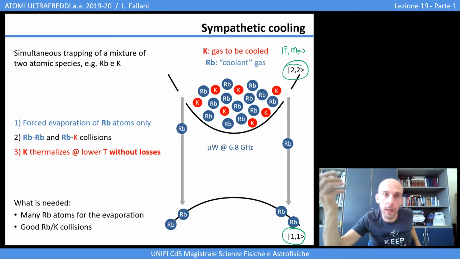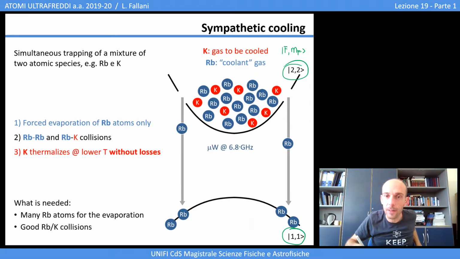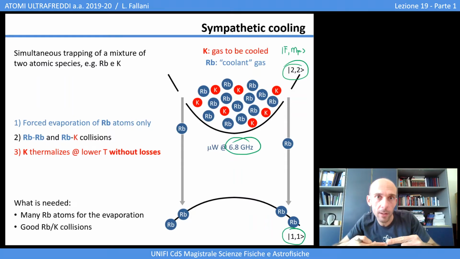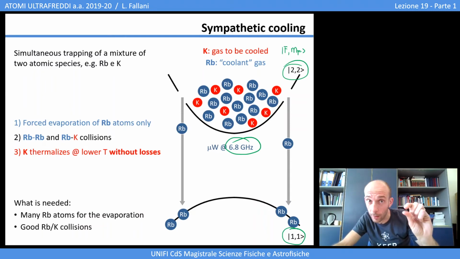And so we know that in rubidium, the difference between the two hyperfine levels is on the order of 6.8 gigahertz. In the case of potassium, this is very different, because for potassium, the hyperfine splitting is just on the order of 1 gigahertz.